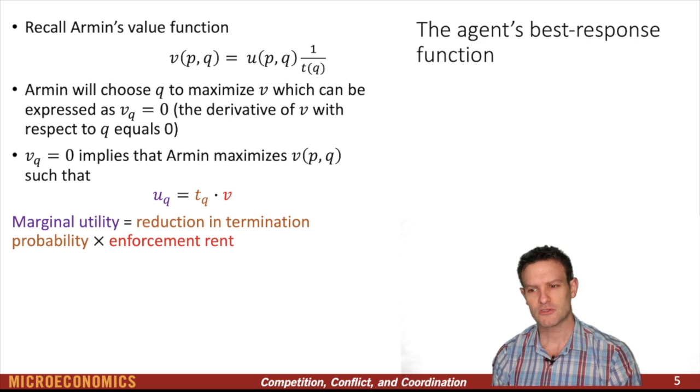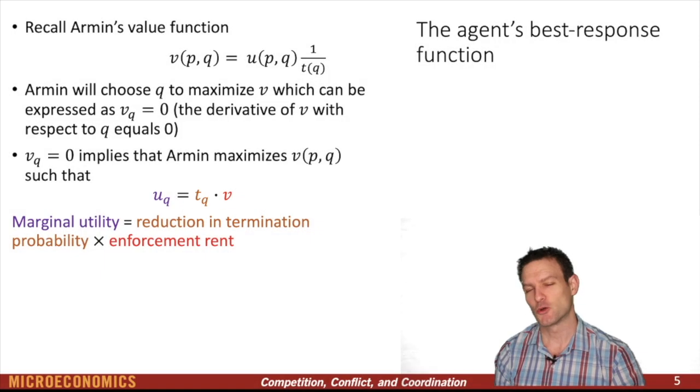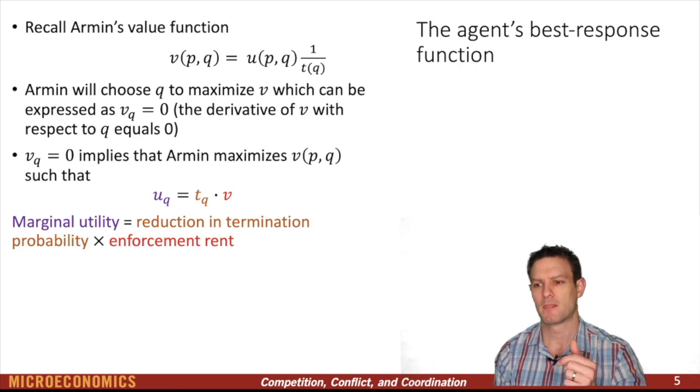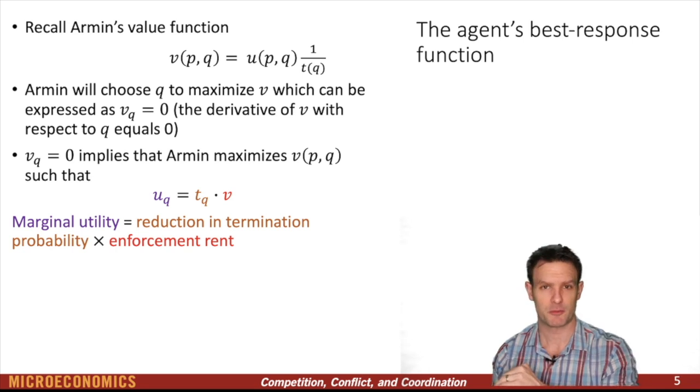Okay, so V sub Q equal to 0 implies that Armand maximizes V(P,Q) such that U sub Q equals T sub Q times V. We saw that a couple slides back, right? And what that is telling us is that his marginal utility of Q is equal to the reduction in the termination probability from increasing Q multiplied by his enforcement rent.